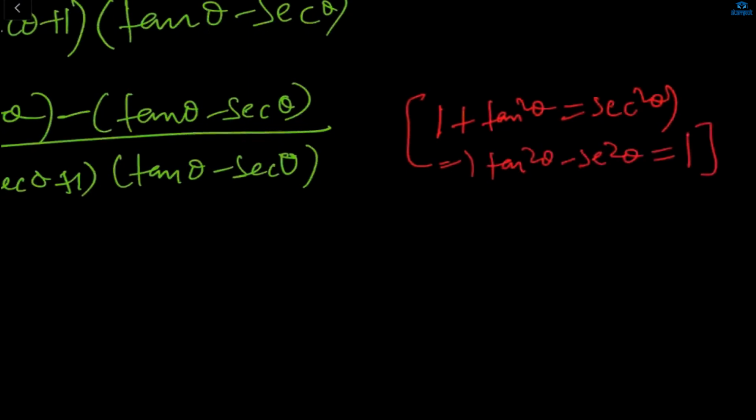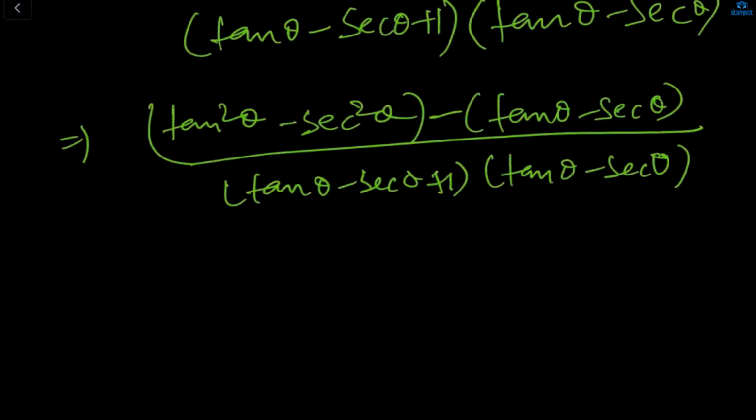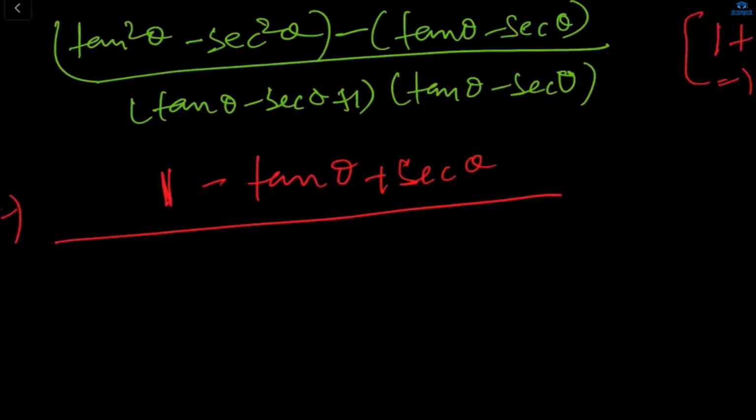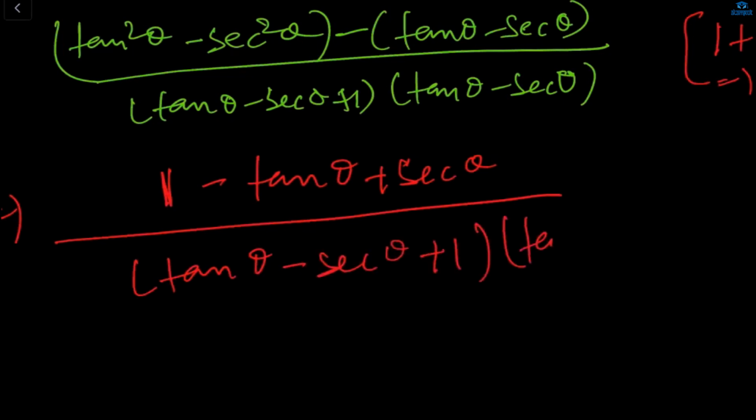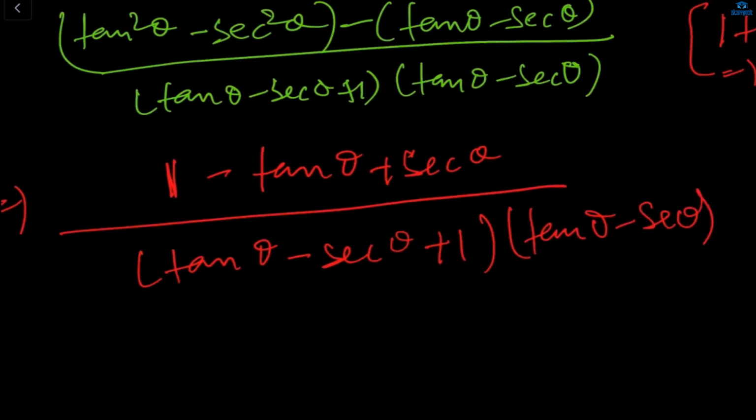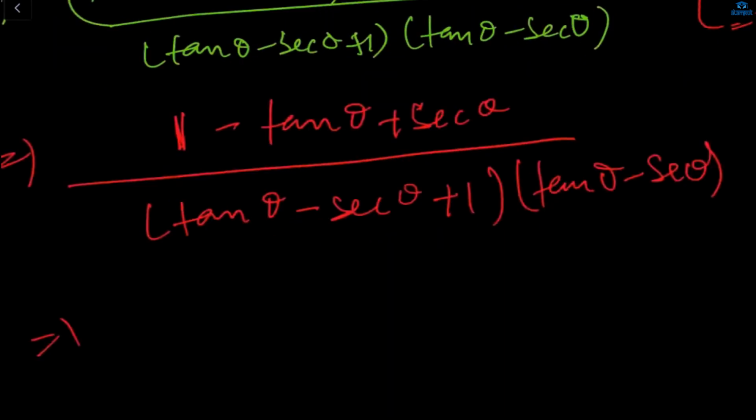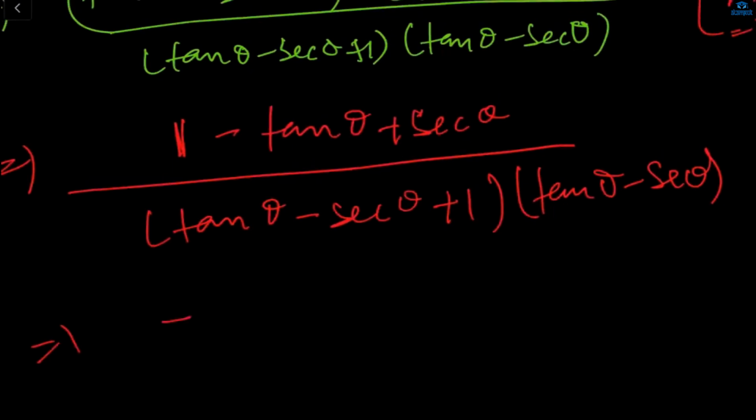So here, instead of tan square theta minus sec square theta, I am writing 1 minus tan theta plus sec theta, and in the denominator, we have tan theta minus sec theta plus 1, upon tan theta minus sec theta. In the numerator, if you take minus sign common, what will you get?